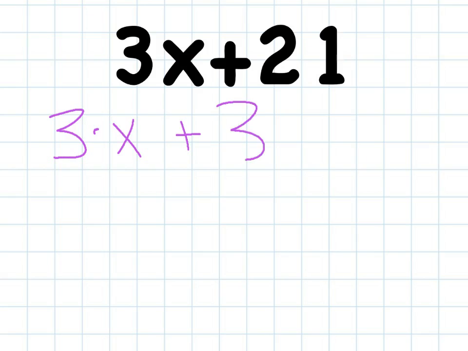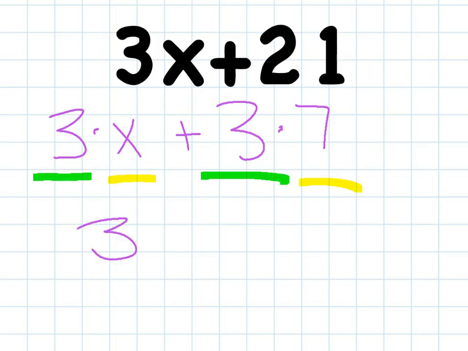So 3 times 7. And then we're going to find our common factor, which is 3, and put it outside the parenthesis. And then put the parentheses and put what's left over, which is x plus 7. And that is your problem.